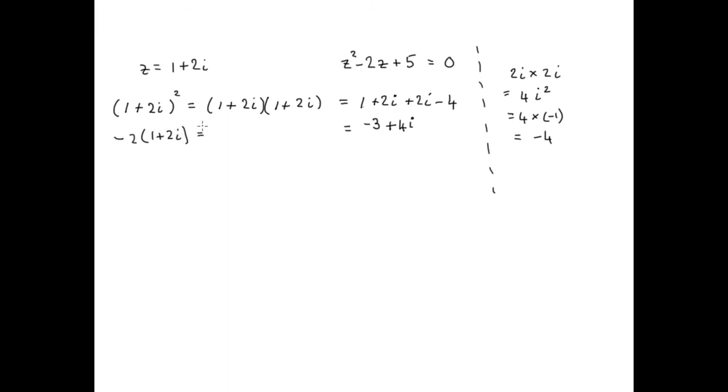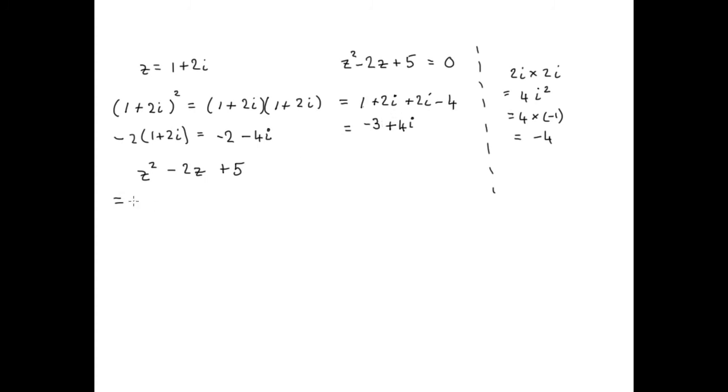If the rules of normal real number arithmetic hold, then we've got a distributive law, getting rid of the brackets: negative 2 times 1, and negative 2 times 2i would be negative 4i. So that's what we'd get for that bit. So let's check now that we've got all these results, what the value of z squared minus 2z plus 5 is.